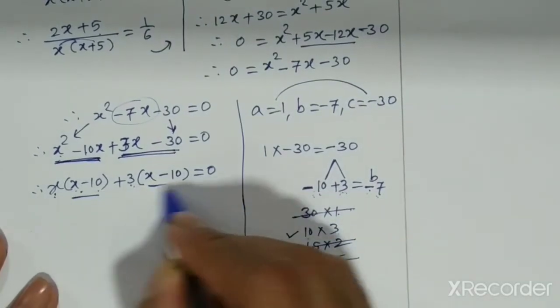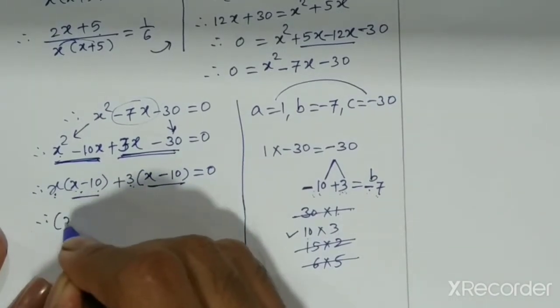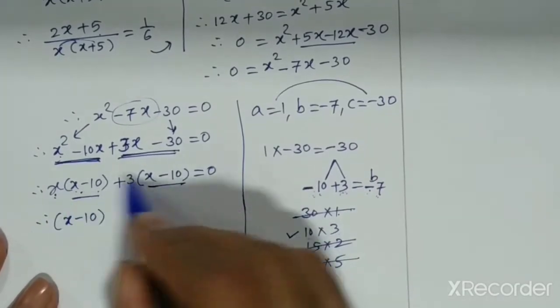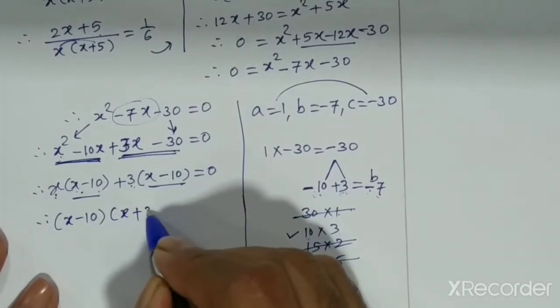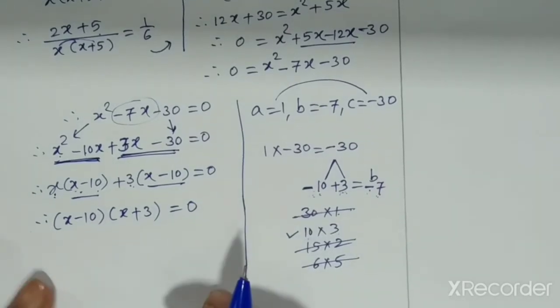Now here, in the 2 terms, x minus 10, this bracket is common. So take it common in the first bracket, and the uncommon terms x plus 3 go in the second bracket, equal to 0 as it is.